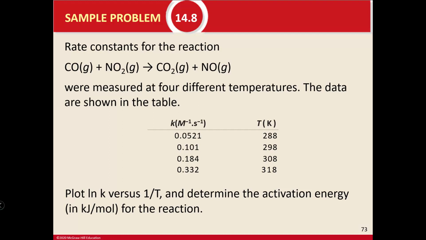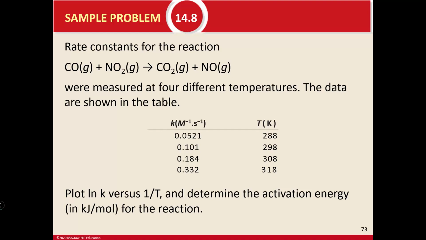All right, so another problem, more data, and again, I'm hoping you're getting some of this in your lab, because this is the kind of stuff you do in the lab. So watch what happens here. You have a reaction. Carbon monoxide reacts with nitrous oxide to form carbon dioxide and nitric oxide.